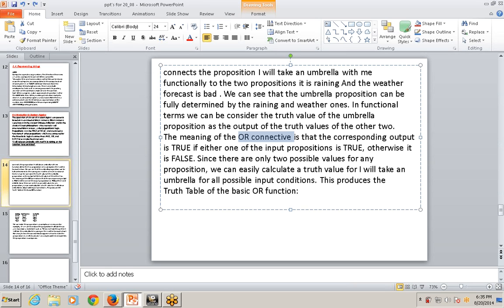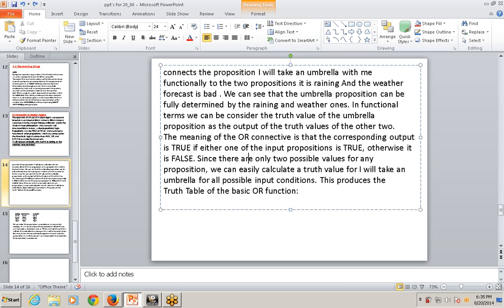But in the OR operation, if any one of the inputs is correct, then the output is correct.